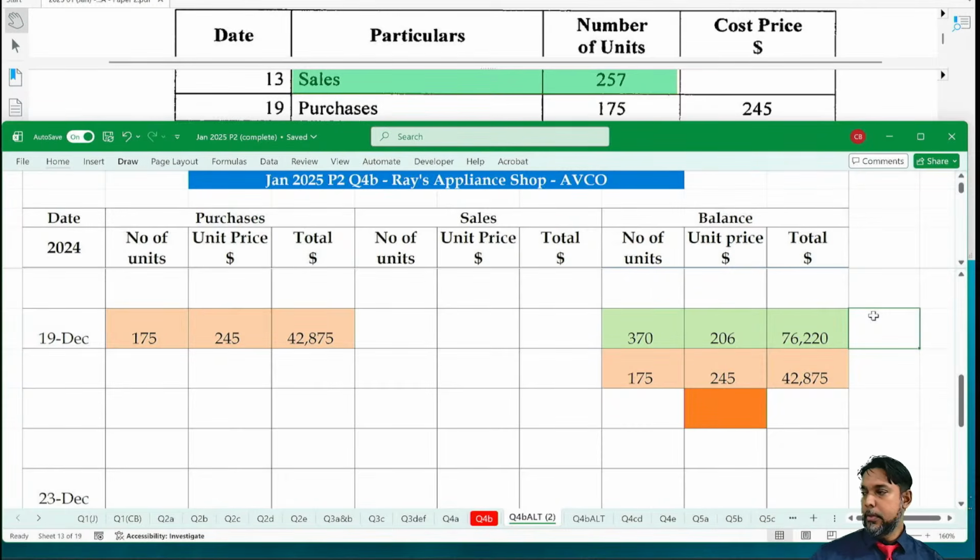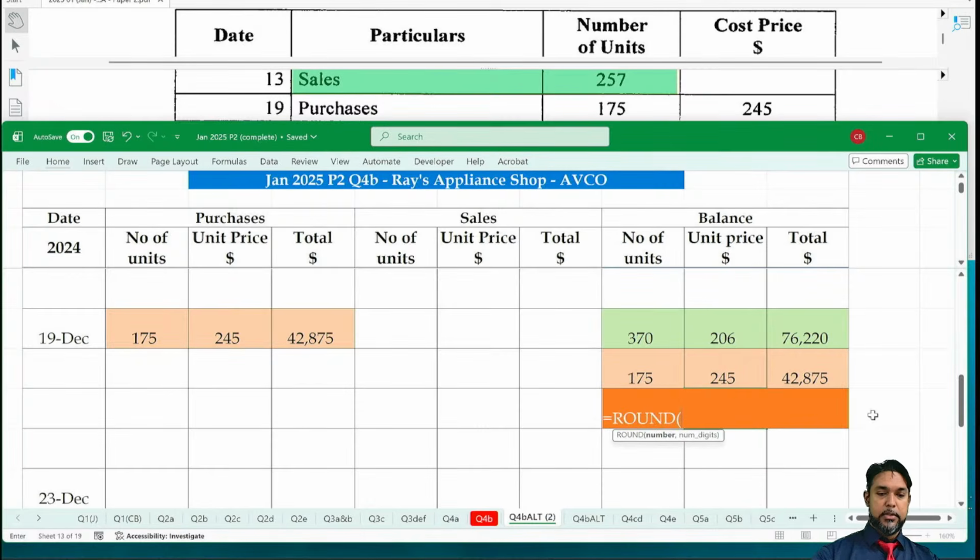Right, cool. So what we do is we add the 370 and the 175, we get 545. We add these two, we get almost 120,000. And all we do here in the middle is divide that by that, so 219.